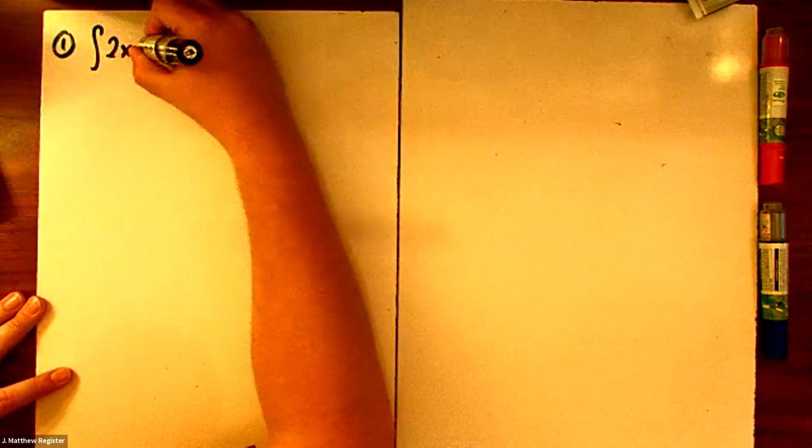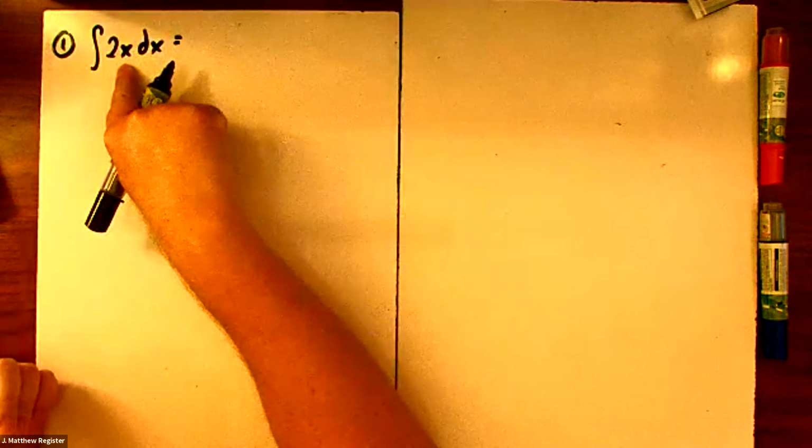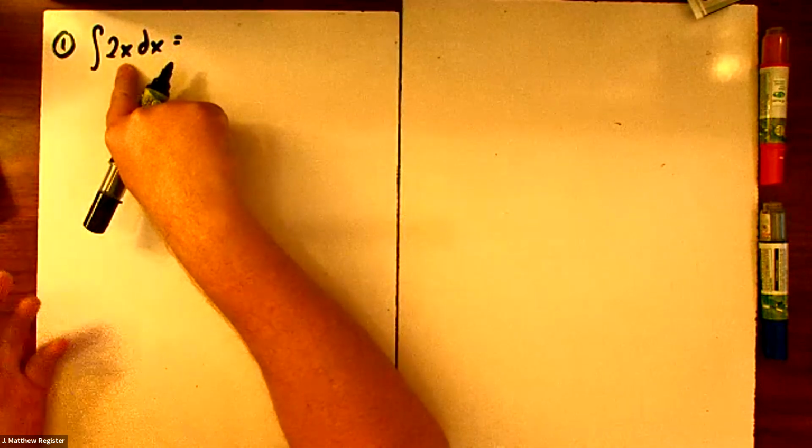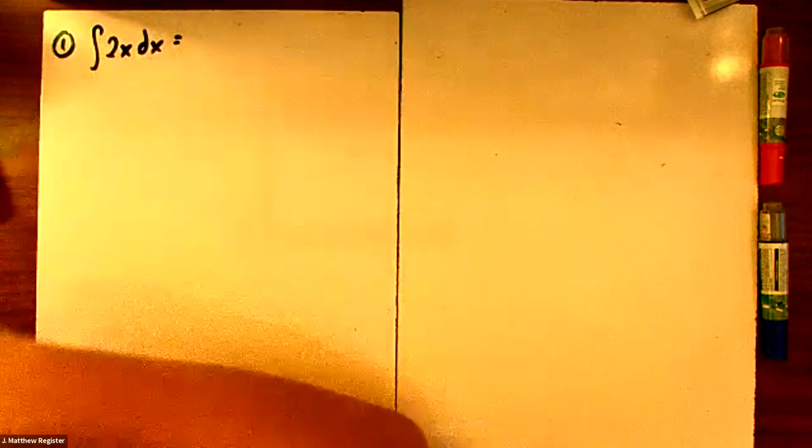And we'll begin with number 1. The integral of 2x dx. And so what we're looking for is a function which has 2x as its derivative. And it might take some thinking.